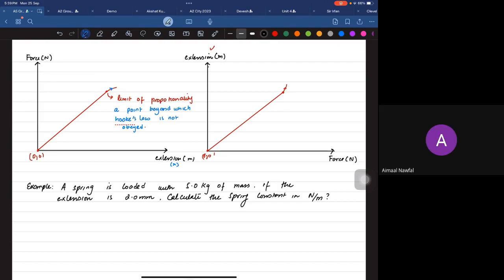So I got 25,000 Newton per meter. 25,000 Newton per meter. That is absolutely correct. Very good, Imam. Who could not do this?